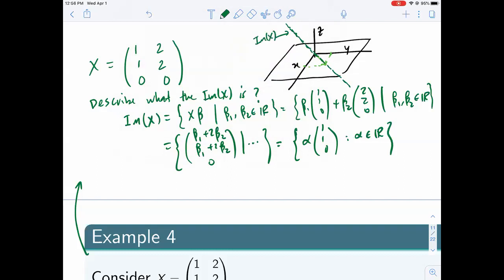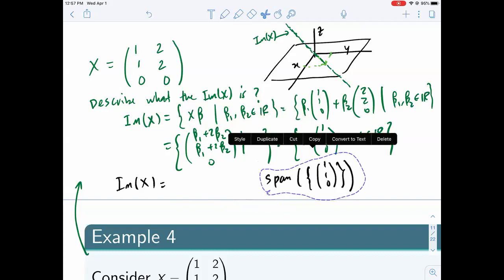I also saw Brandon in the chat mention an equivalent way, which is correct. Another way of saying it is that the image of X is the span of (1, 1, 0).